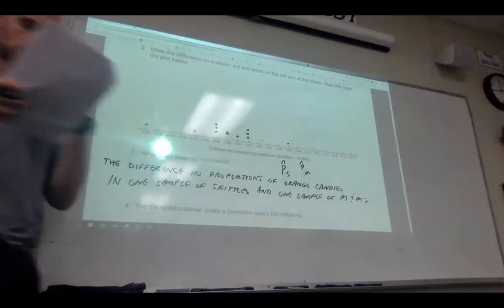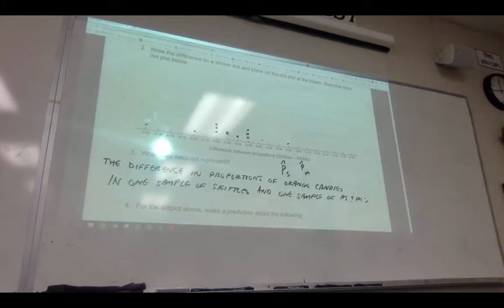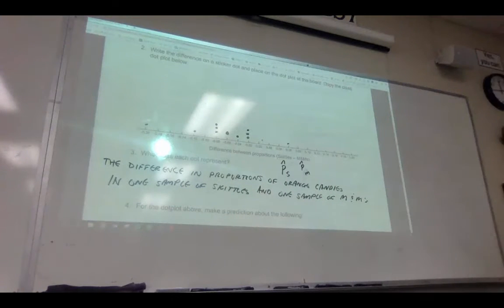Is it wrong if you say of 2 simple random samples of Skittles and M&Ms? You want to be very explicit. So you should split it. Yes, you'd be very, very explicit in what you say.